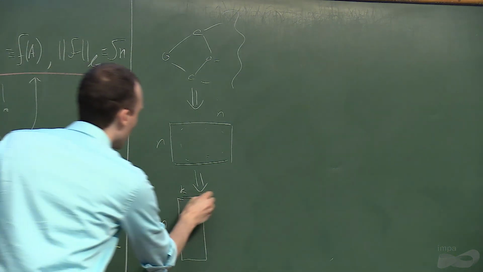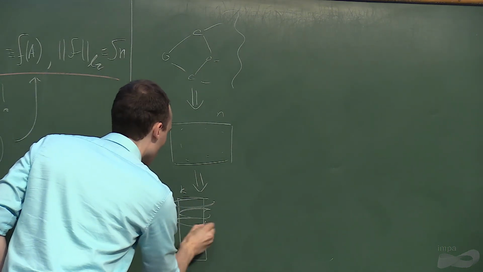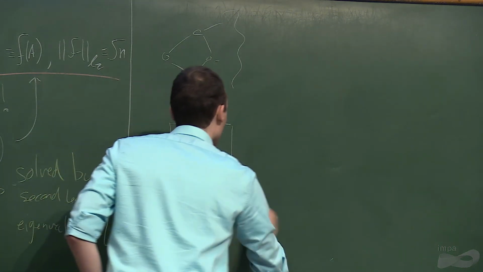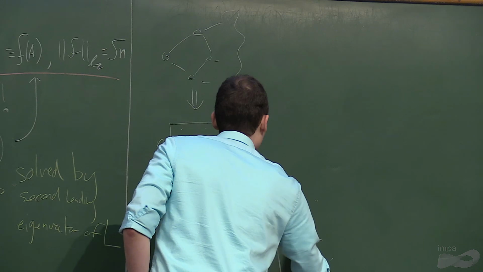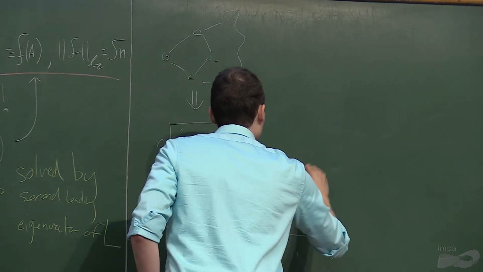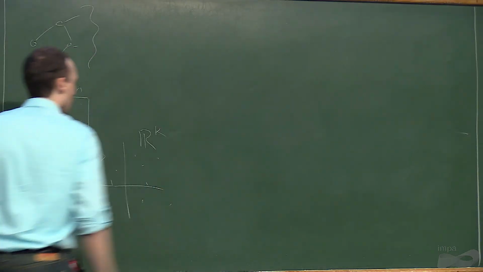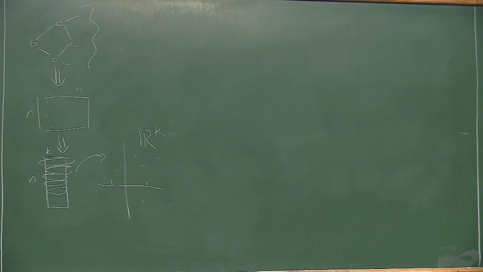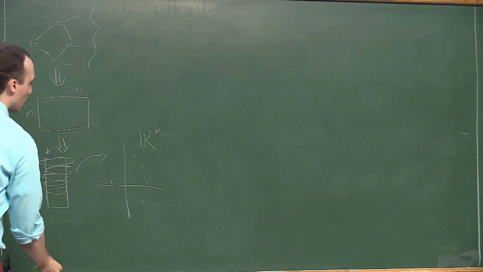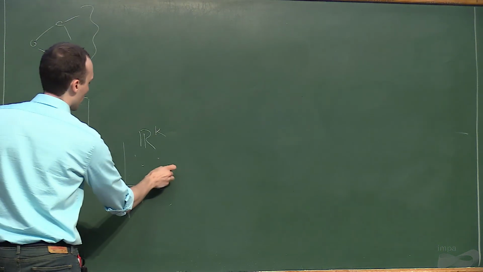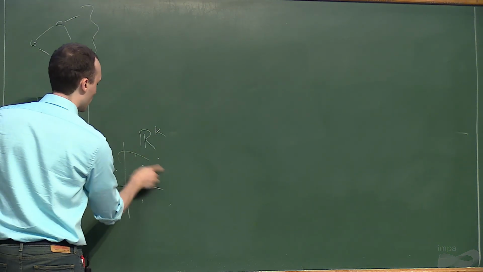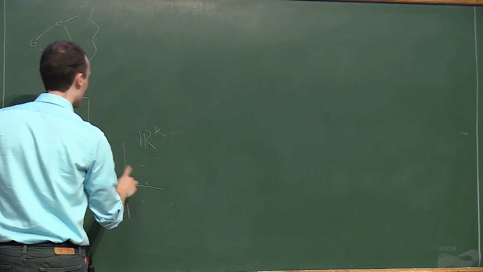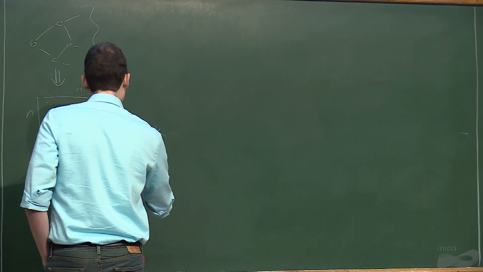So in particular, these rows give us now a point cloud in our k-dimensional space, right? And we may run a clustering algorithm, traditionally k-means.